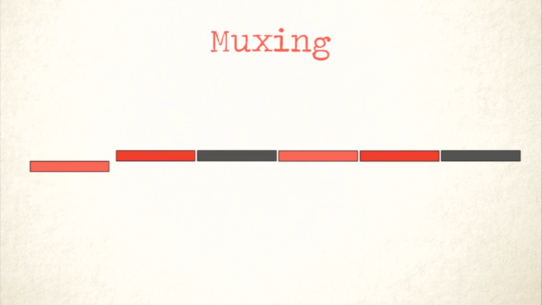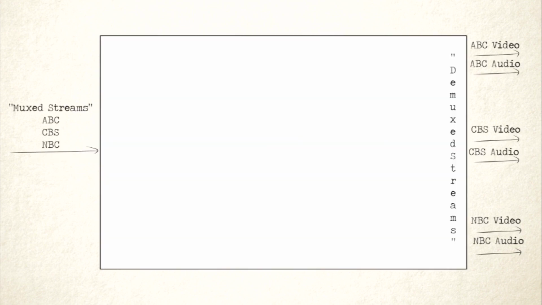Of course, the rhythm of packets does not need to be repeated as it is here. Instead, we can place the packet on the wire with an envelope containing its destination. In MPEG-TS, this is called the program identifier, or PID. So in TV, we often get several mux streams, say NBC, ABC, and CBS.